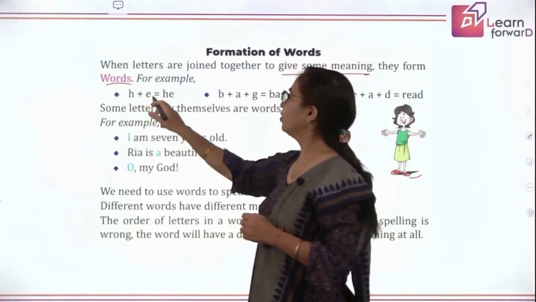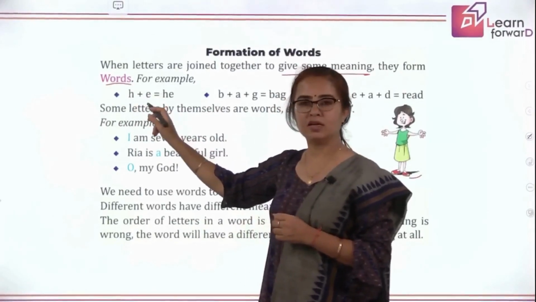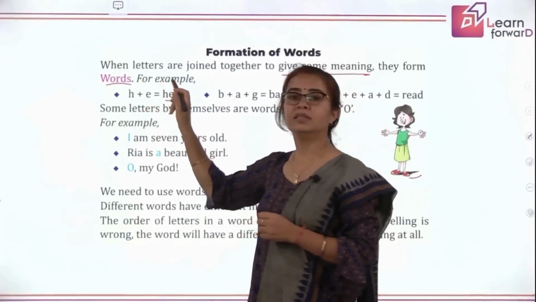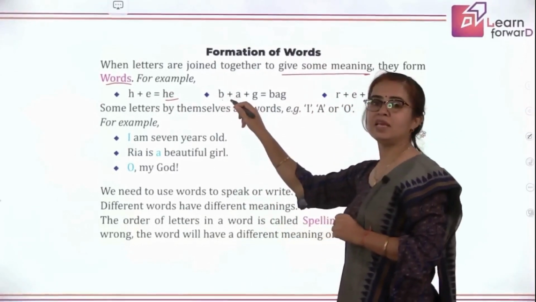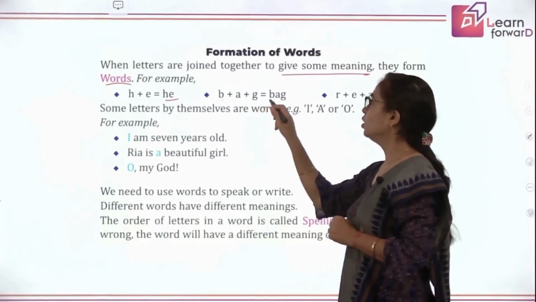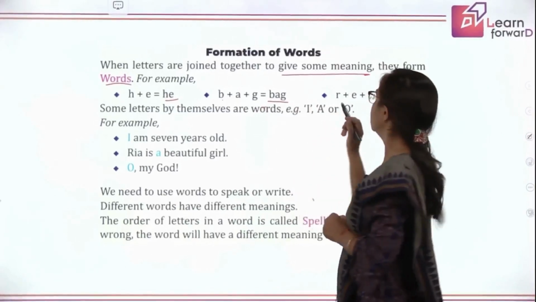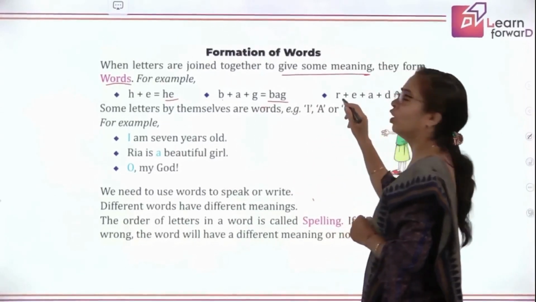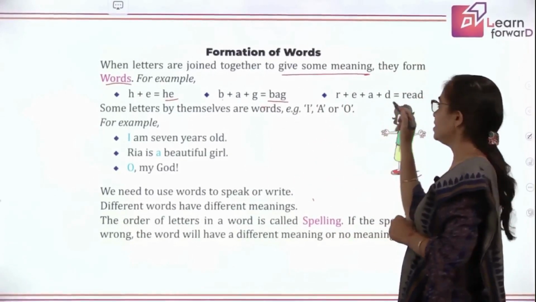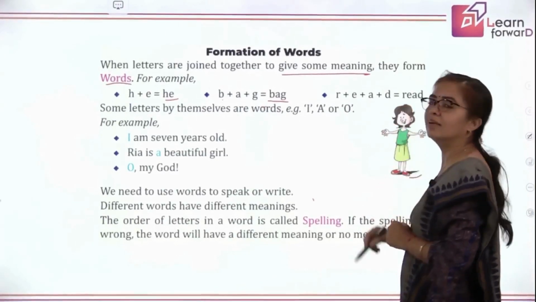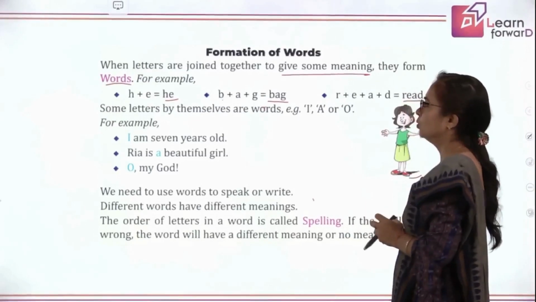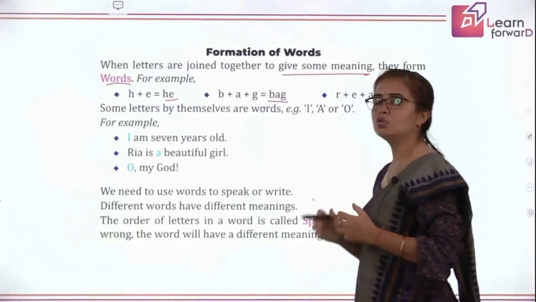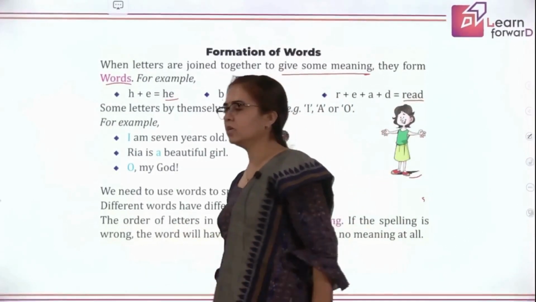For example, when you join H, E, you get he, that we use for males. If you join B, A, G, you get the word bag. Similarly, when you join R, E, A, D, you get the word read. Very good. So, this is how you join letters to get the words.